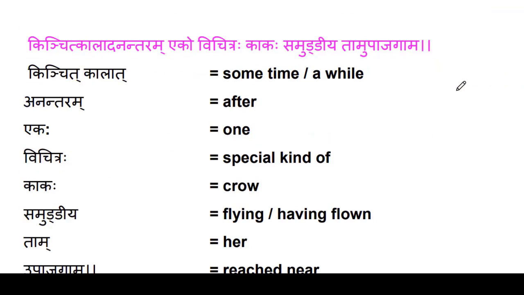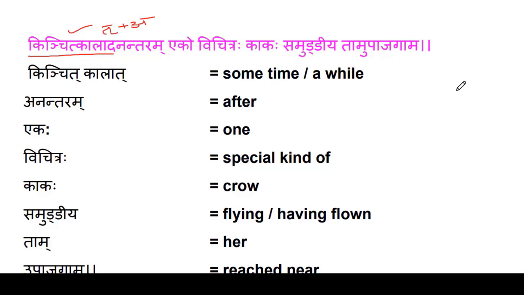Kinjit kalanandaram eko vijitraha kakaha samuddiya tamupajagama. I will tell the splitting of the words here. Kinjit kalat, here it will come like this, and the next word starts with anandaram.